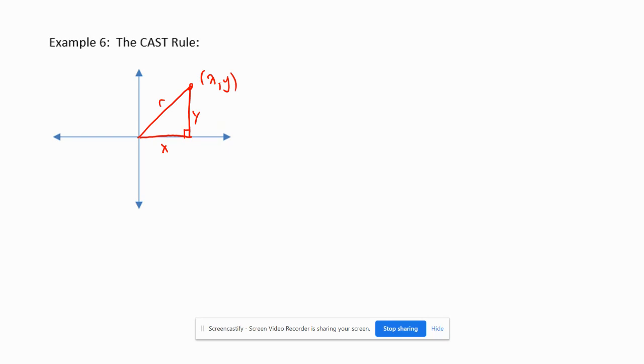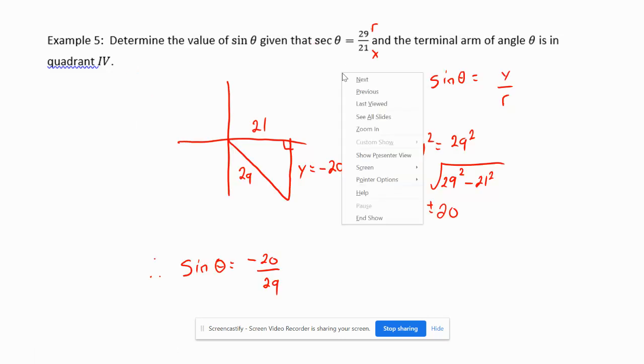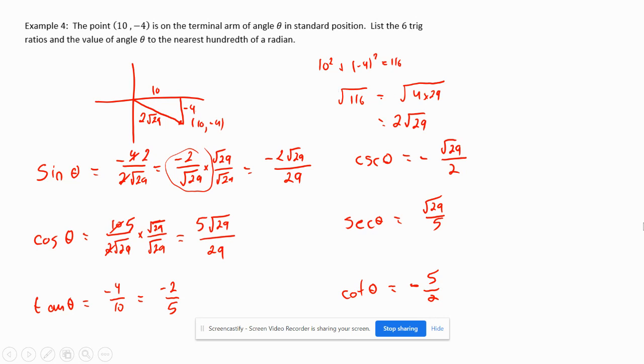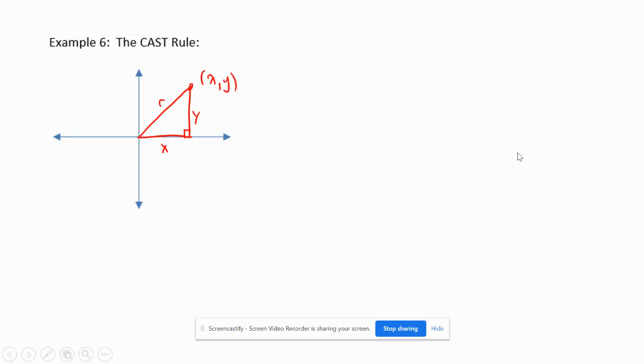So when we look at this one, and we look at cosine, sine, and tan, cosine is x over r, which is going to be like a positive value over a positive value. So therefore, it's going to be positive. Cosine is going to be positive.